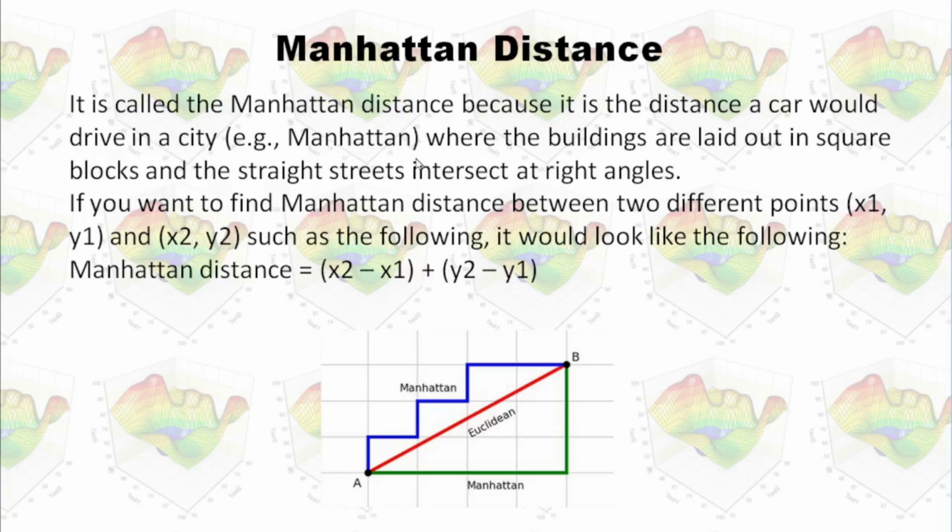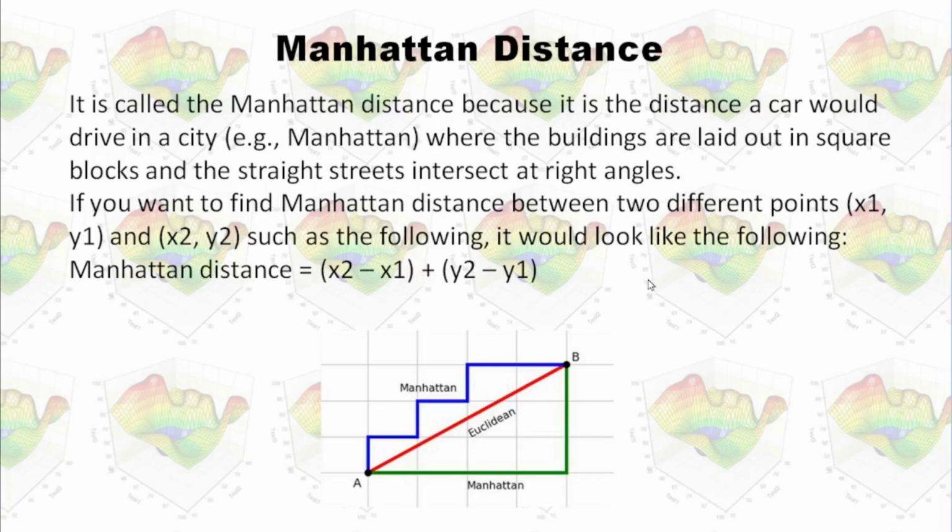Personally, I work at Manhattan, so if I want to go from point A to point B, I can't draw a straight line and go through because there are buildings in these blocks. So I have to go either this way or I go this way. You can see, although I can take different routes, the distance will remain the same.